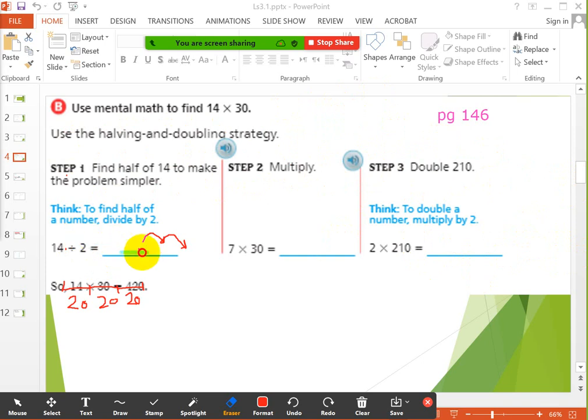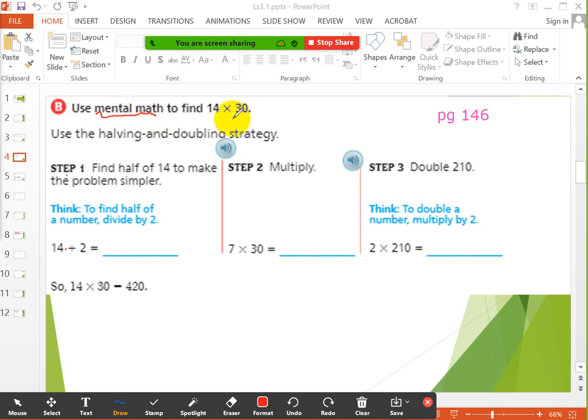Actually, I like this strategy, and I will solve not all exercises, but a lot of exercises by using mental math. Okay? So how will I find the multiplication between 14 and 30 by using mental math? This is the last strategy, or the fourth strategy here.